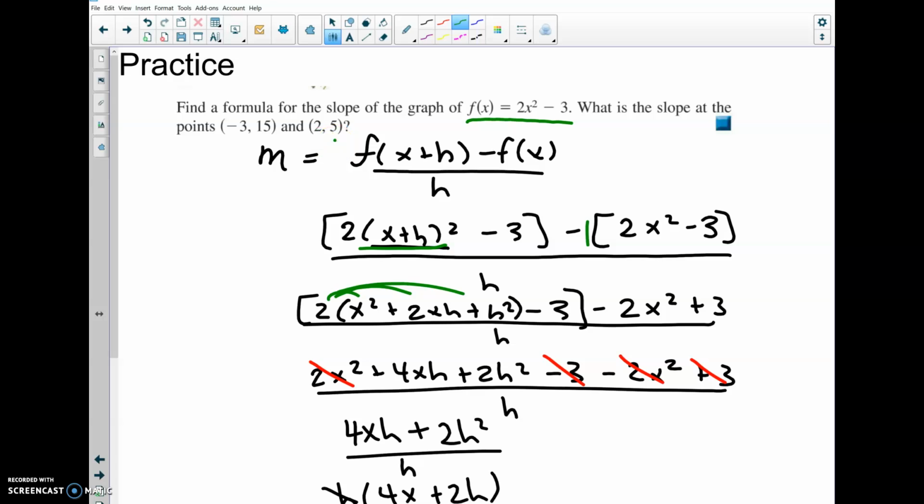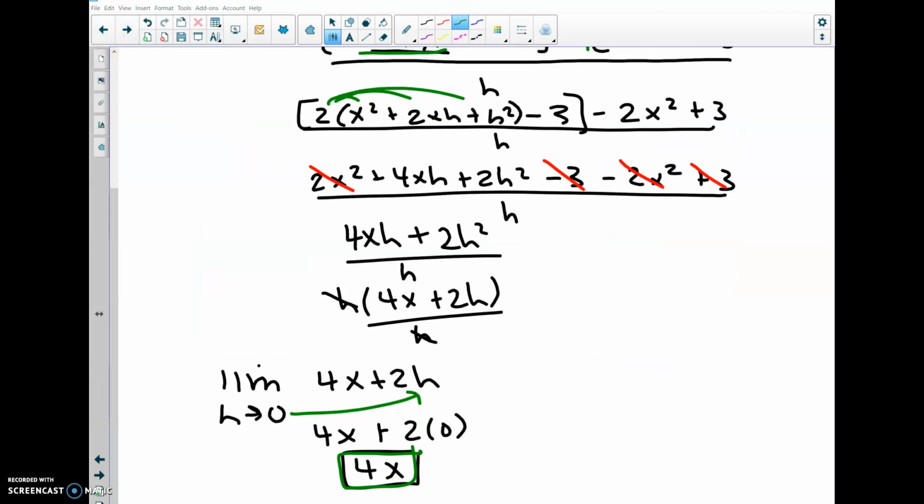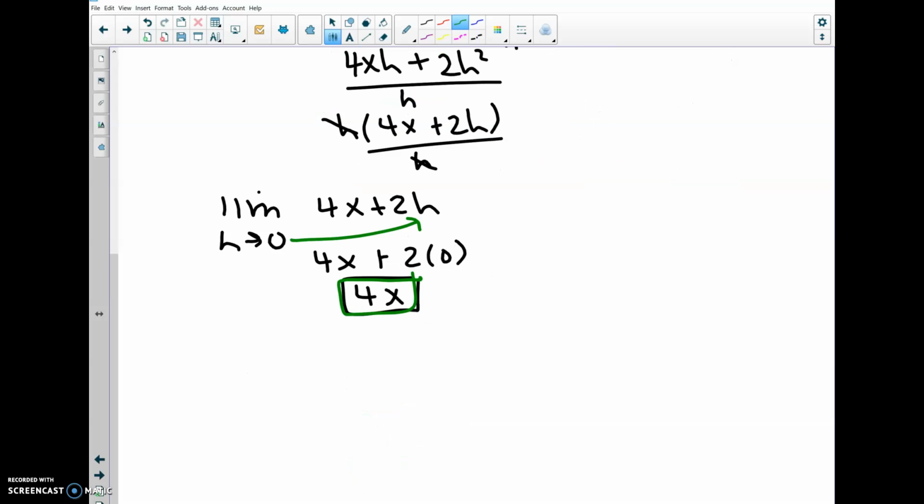All right, so we are asked to do -3, 15, and 2, 5. So our slope at -3, 15, plug in -3 for x, so this slope is -12.